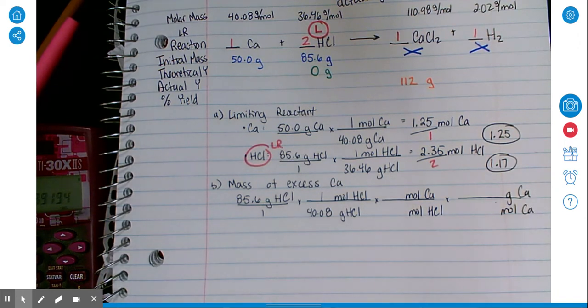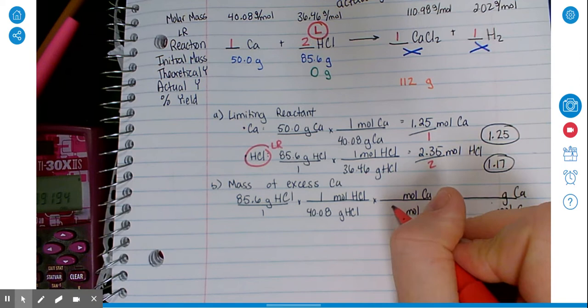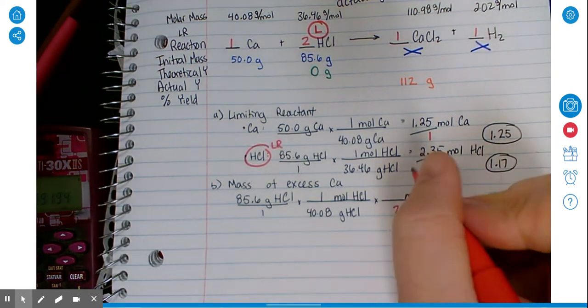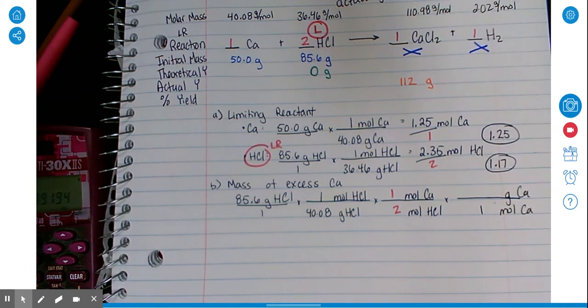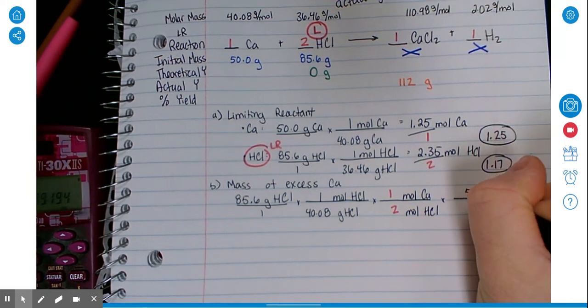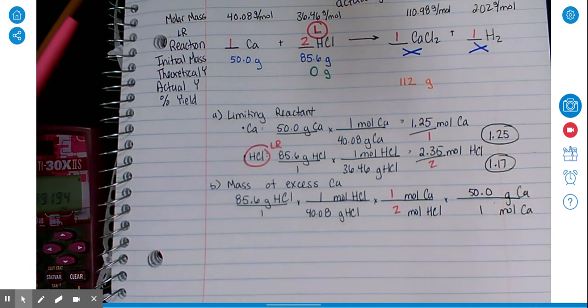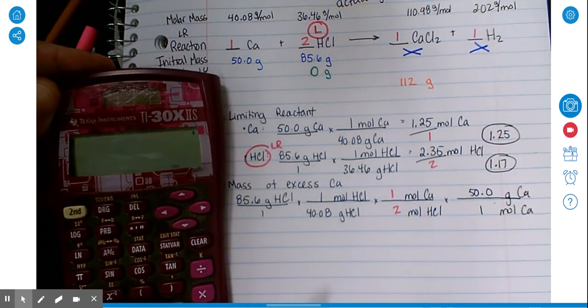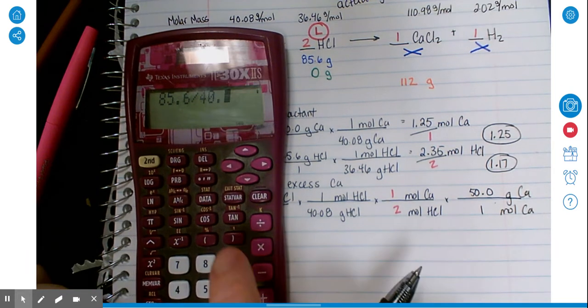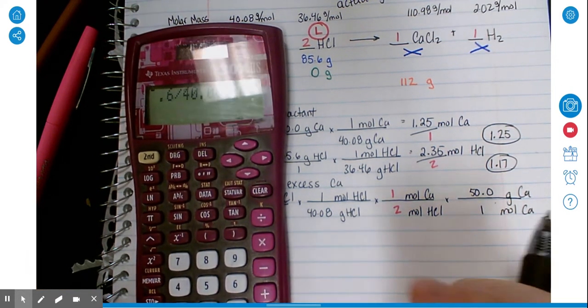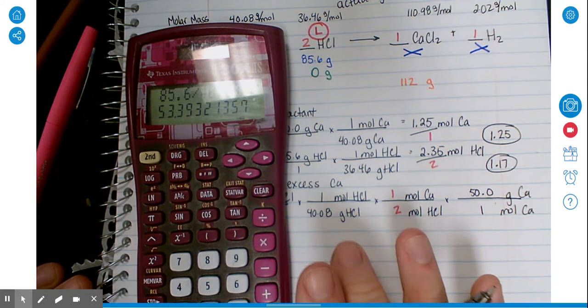Mole ratios come from the coefficients, so for every 2 moles of hydrochloric acid consumed, 1 mole of calcium is consumed. Grams to moles come from a molar mass. Type it into a calculator, 85.6, divide 40.08, divide 2 times 50.